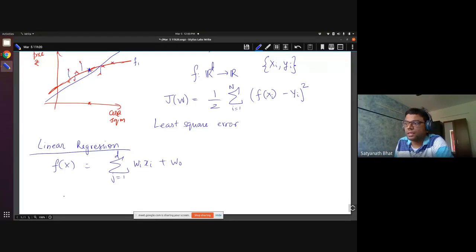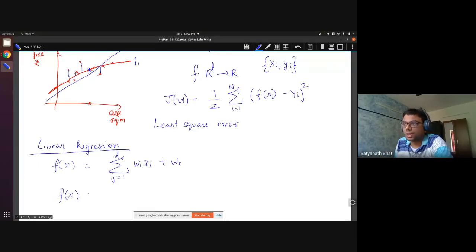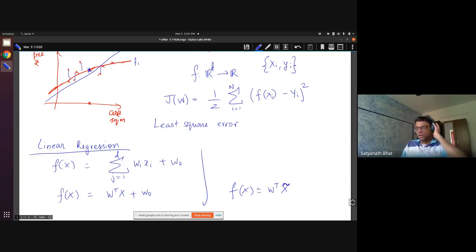If you want to write it concisely, you can write it as w transpose x plus w naught. Or if you want the augmented representation, you can write it as w transpose x tilde. Whenever we discussed this earlier, I did not bother to put x tilde everywhere.